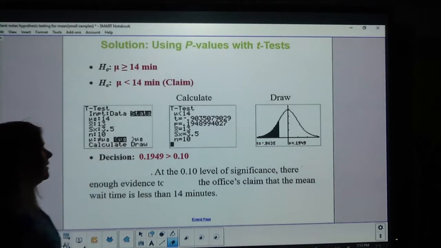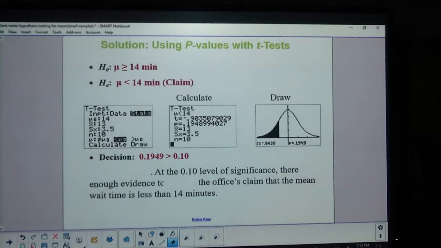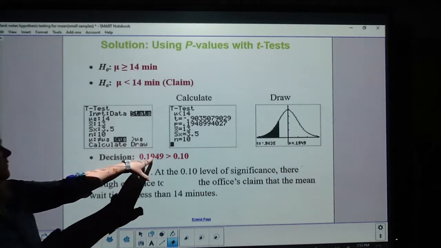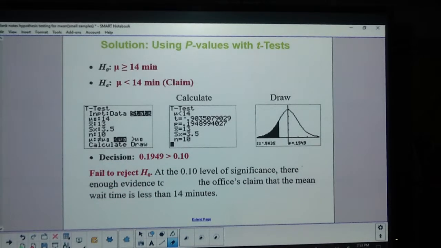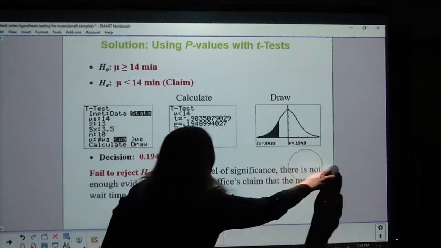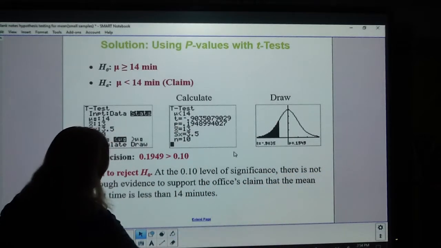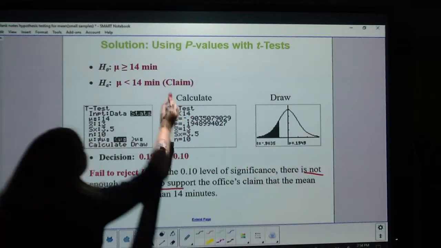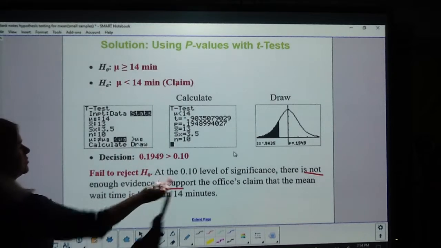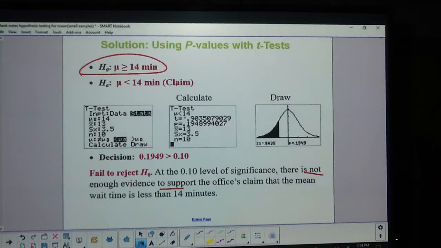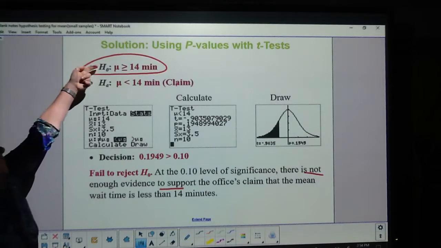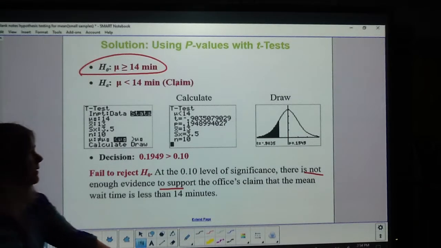If I'm looking at my p-values, remember if the p-value is greater than alpha, you would fail to reject. Since this is the claim, you use the word support. And there is not enough evidence to support my claim, because I'm failing to reject.